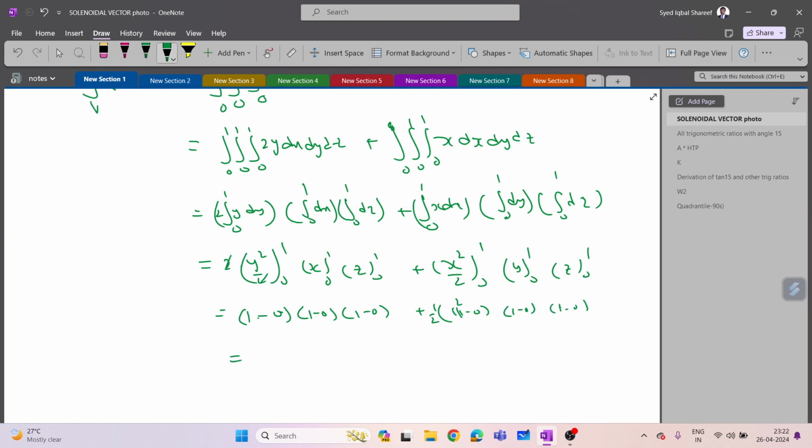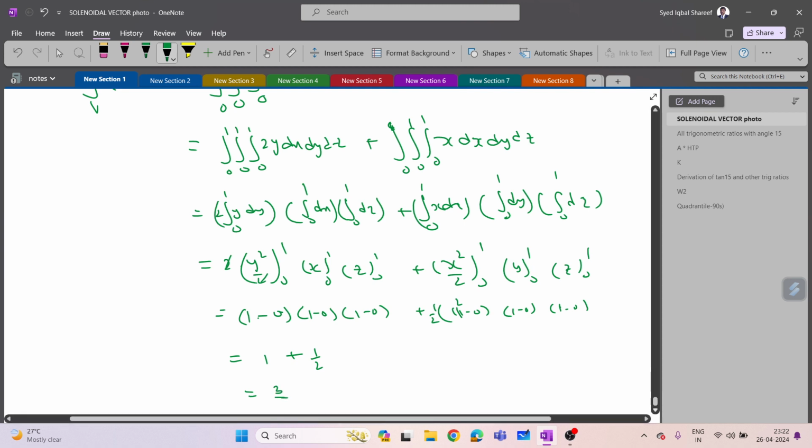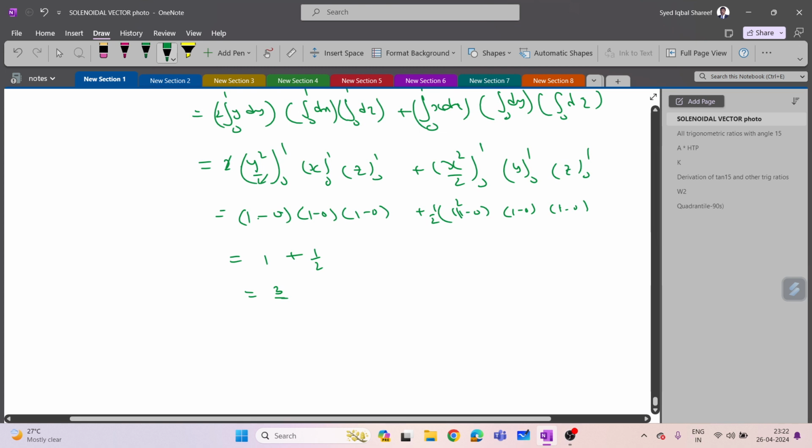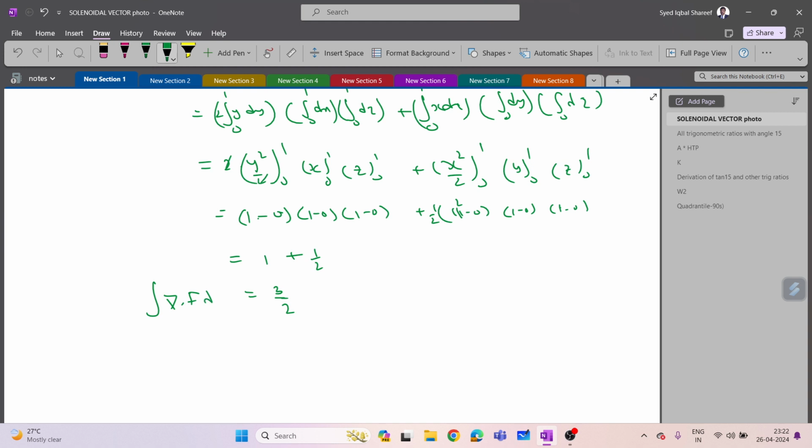So the first term is 1, plus 1 by 2. So 1 plus 1 by 2 is 3 by 2. Keep in mind that the integral of divergence f dv is 3 by 2. This is the first part.